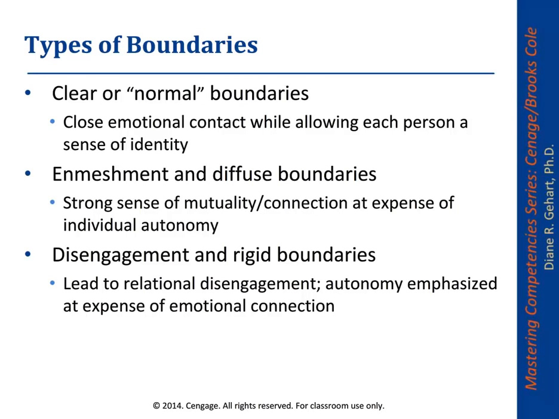Enmeshment refers to diffuse boundaries where the boundaries aren't strong enough. There's a very strong sense of connection and mutuality, but at the expense of individual autonomy. So typically, when there are diffuse boundaries, if one person has an emotion, the other person has to have the same emotion. We're both going to be angry together.